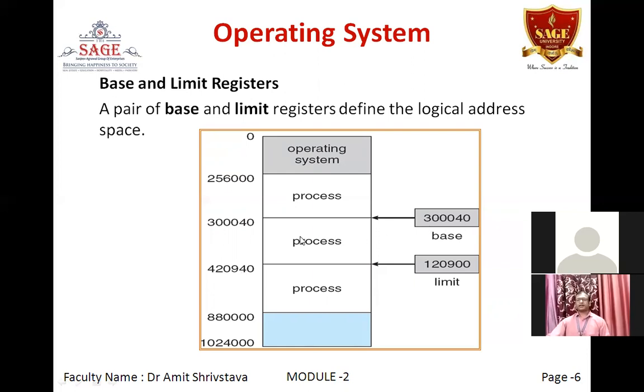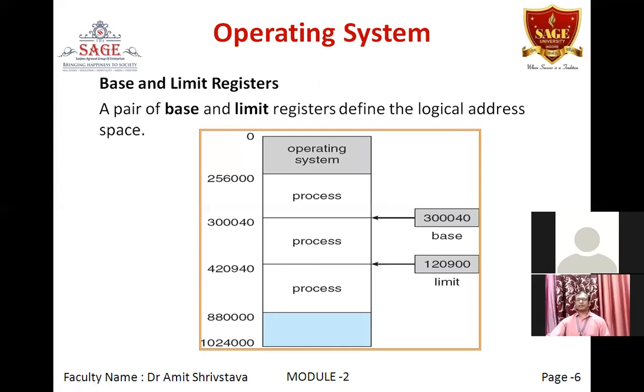Let us say that the program generates the address 30050. So the operating system will check whether this 30050 is greater than this base address. Yes, it is greater. And the second check will be whether it is less than 30040 plus 120900. It simply means that it should be less than 420940. So we have generated the address 30050, which is in between both these addresses. So it is a valid address and it will be executed.